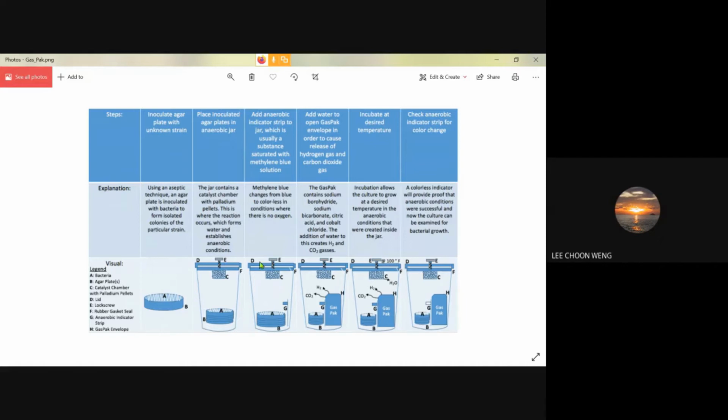But if you look at this process, you realize that on many occasions the bacteria here is exposed to oxygen. That's why if you're working with an anaerobic jar like this, most of the time you will only get aerotolerant anaerobes, you will get microaerophiles, you will get spore-forming anaerobes.